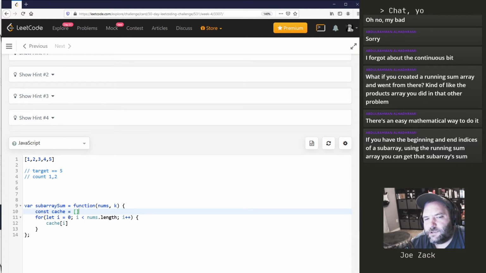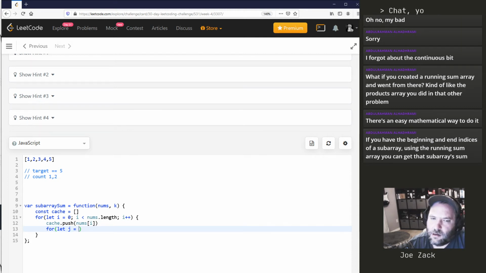Here's one way to step it up. Just start like that. And so we say cache.push nums at I. And then for let j equals, yeah, actually let's do that after.